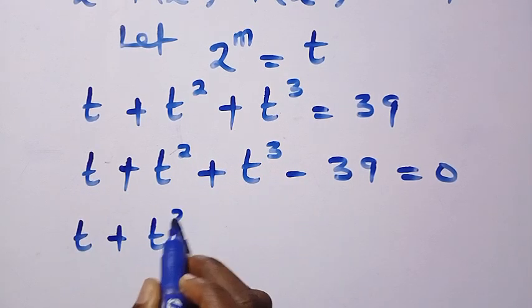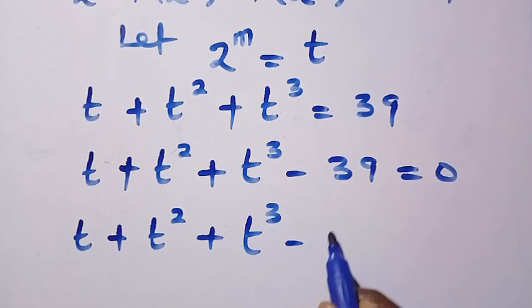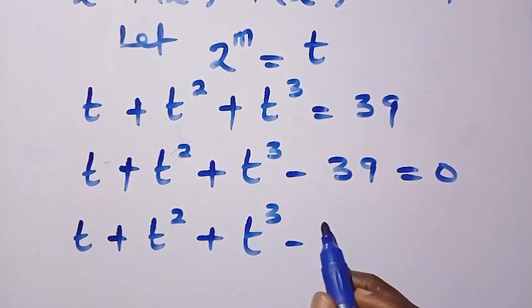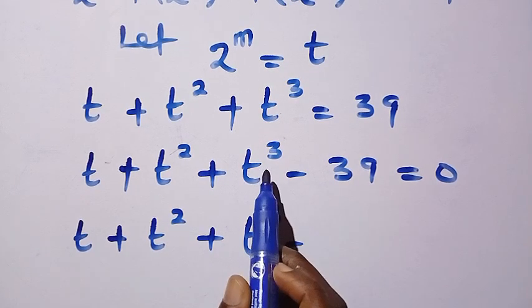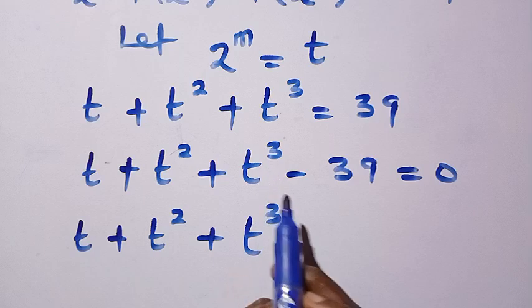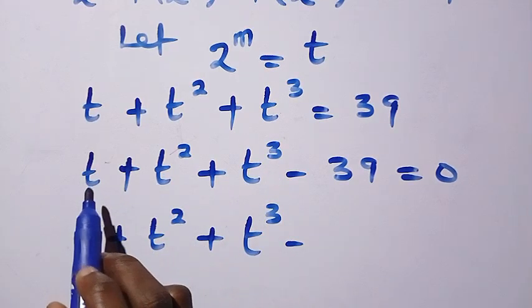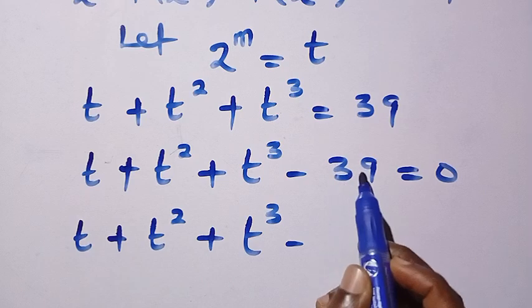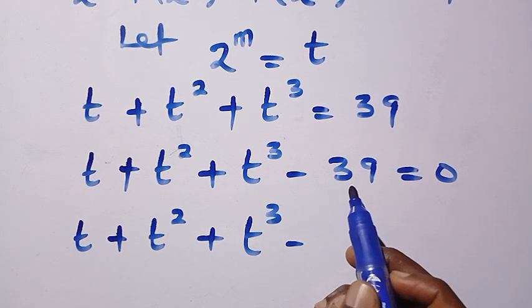We need a number that will give us power of 3, a number that will give us power of 2, and a number that will give us power of 1. But everything must come from this 39.